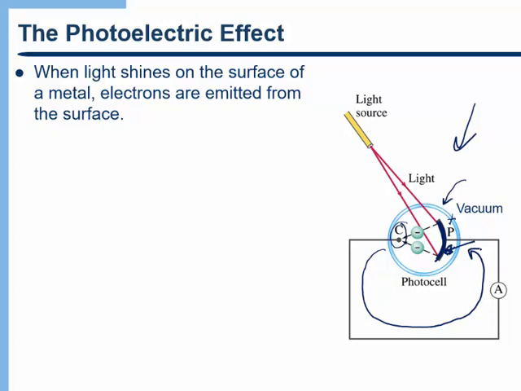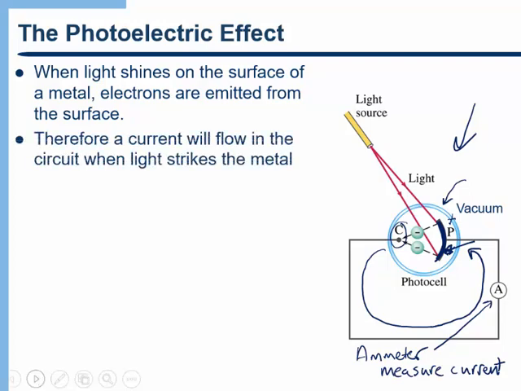And so what we'll actually find is that we will measure a current in that circuit when we illuminate the metal plate with light. By the way, A here stands for ammeter, and an ammeter is simply how we measure current. So we illuminate that metal plate and we get a current flowing in the circuit. If we turn off the light, the current stops.